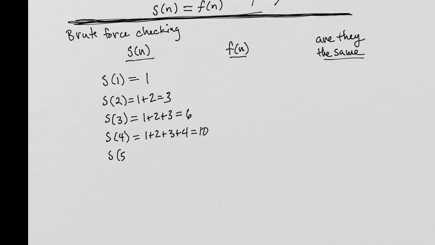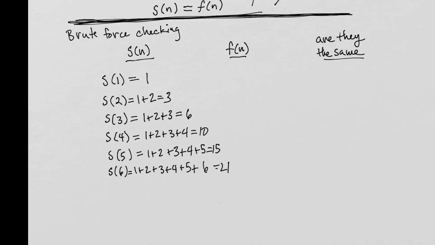S of 5 is 1 plus 2 plus 3 plus 4 plus 5, which is 15. I'm already getting annoyed, right? Maybe we'll do one more. S of 6 is 1 plus 2 plus 3 plus 4 plus 5 plus 6, which equals 21, right?